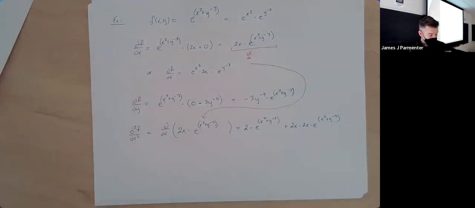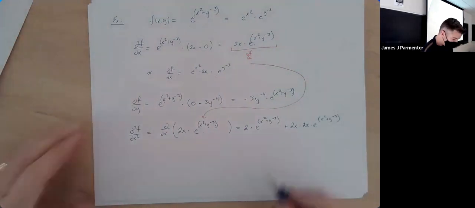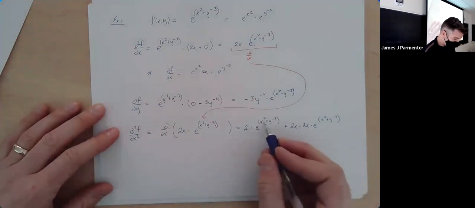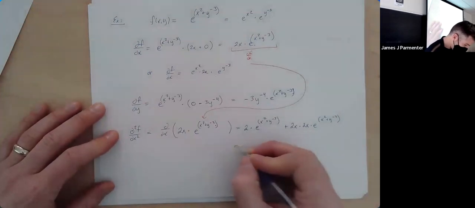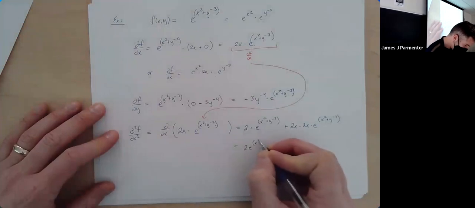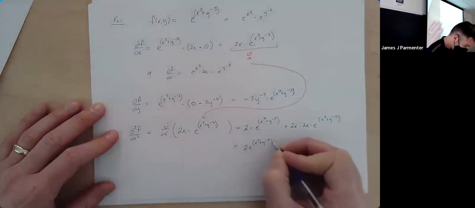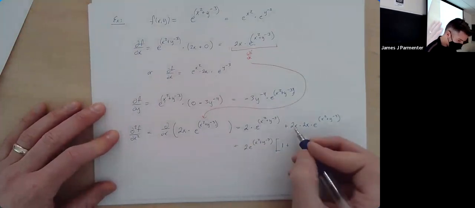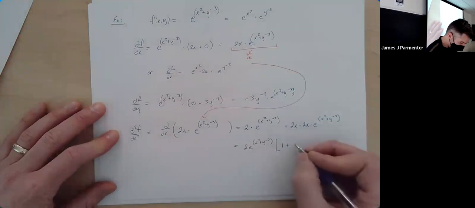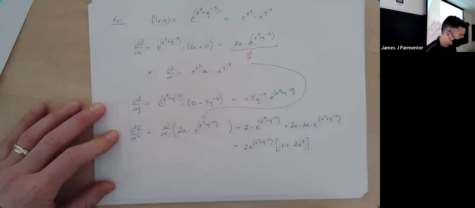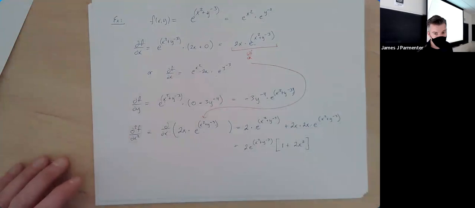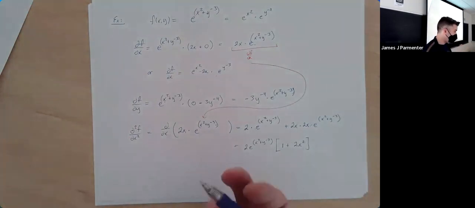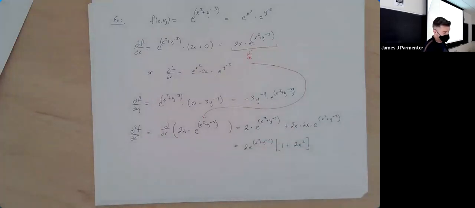If you wanted to, though, you can factor this: I can factor out a 2e to the x squared plus y to the negative third, times, I'm left with 1 there and 2 times x there. We don't often do this, but sometimes we are trying to find where the second derivative is equal to 0, and so factoring as much as possible is sensible.